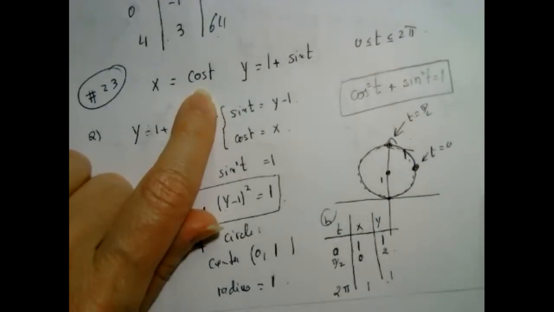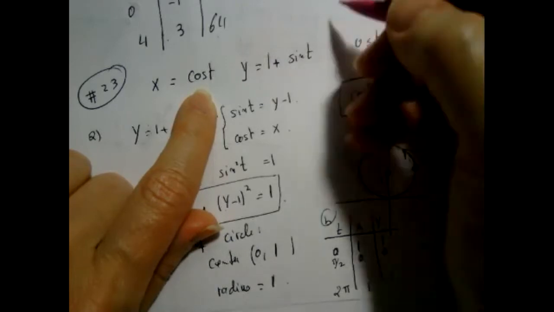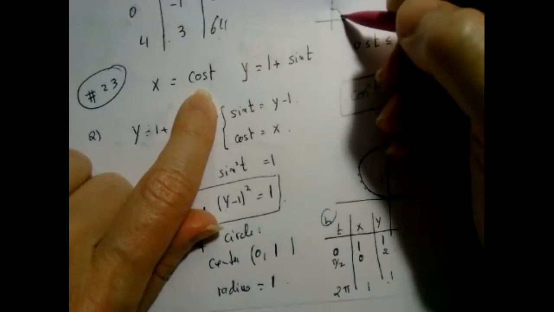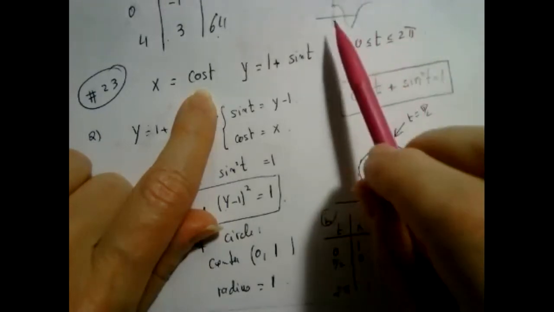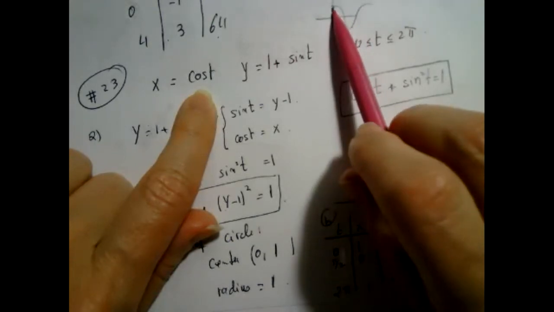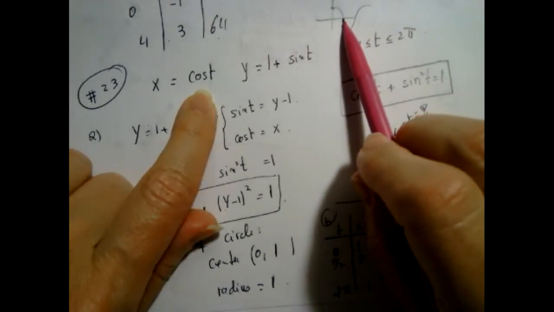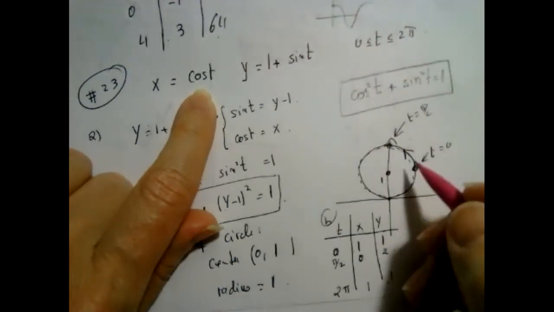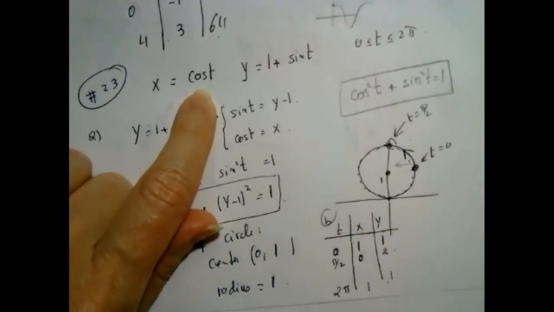What happened to cosine of t between 0 and pi over 2? That's the graph of cosine. Start here, it goes down. So as t increases, the cosine actually decreases. It means the x is going to decrease. So we're going basically to the left because the x is decreasing.